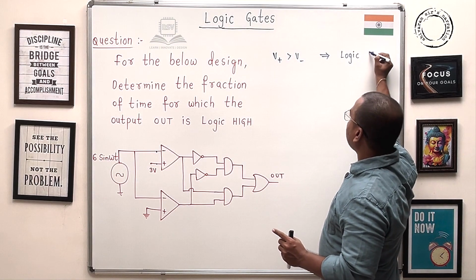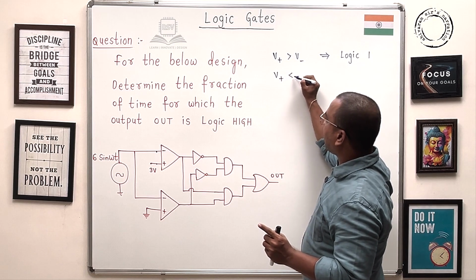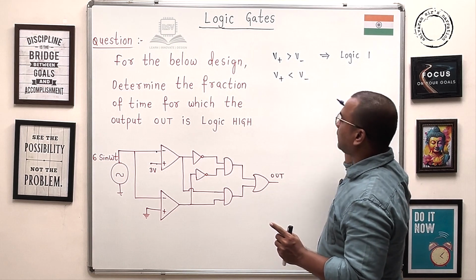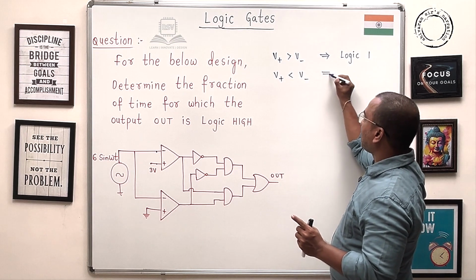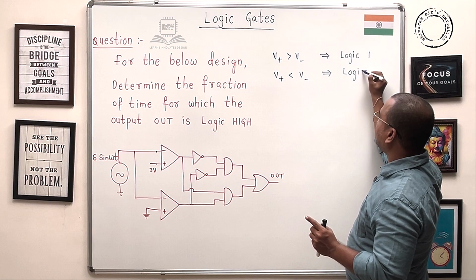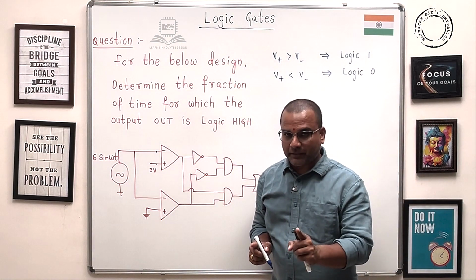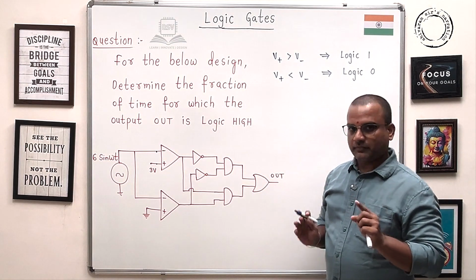Similarly, if the non-inverting terminal voltage is less than the inverting terminal voltage, then it produces logic 0. This is how a comparator works. This is a very basic principle you need to understand.